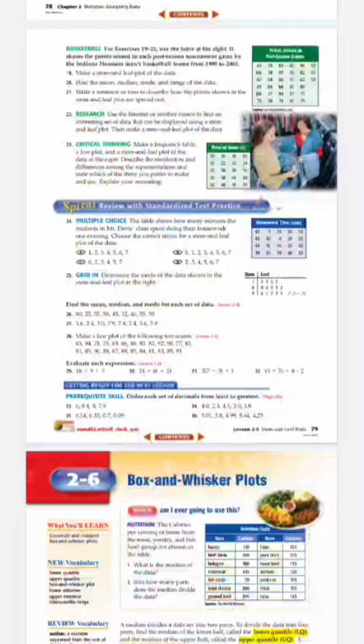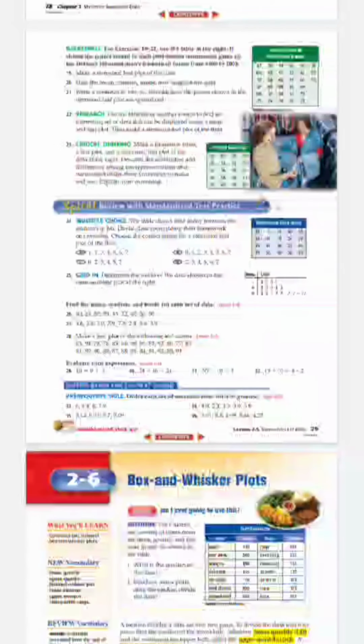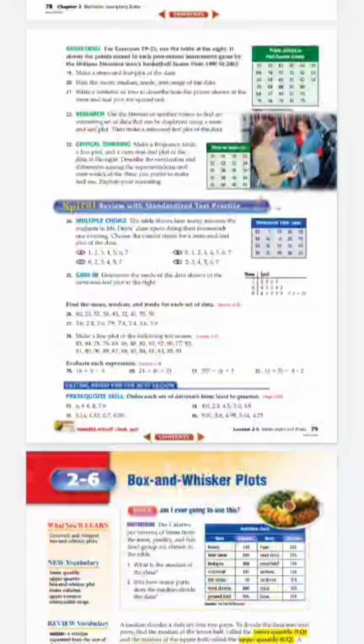Make a line plot of the following test scores: 83, 94, 78, 78, 85, 86, 88, 83, 82, 92, 90, 77, 83, 81, 89, 90, 88, 88, 89, 88, 85, 84, 81, 83, 85, 91.